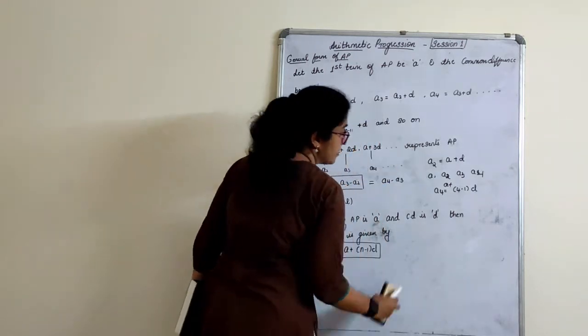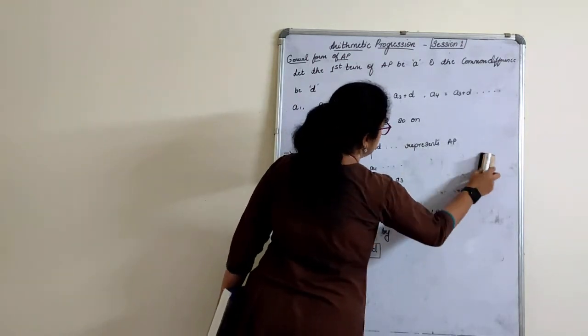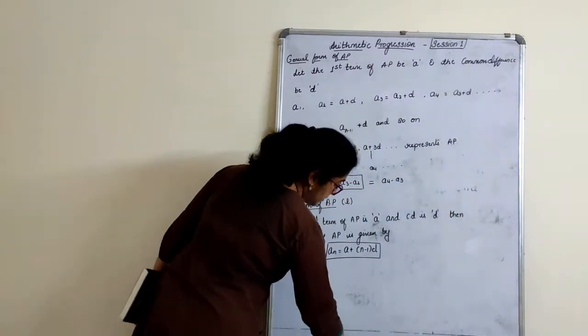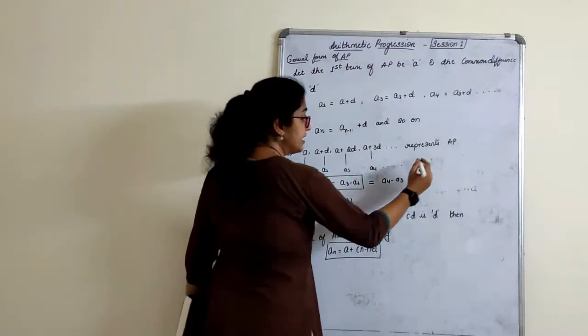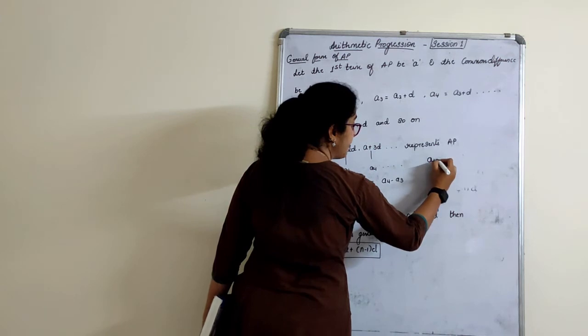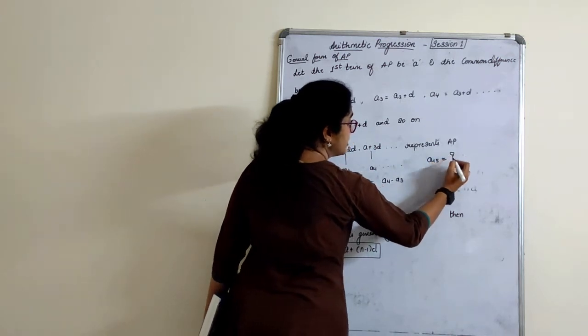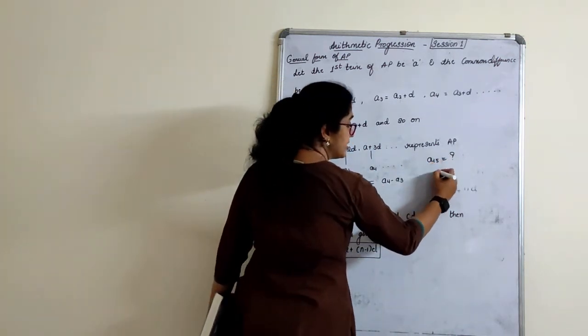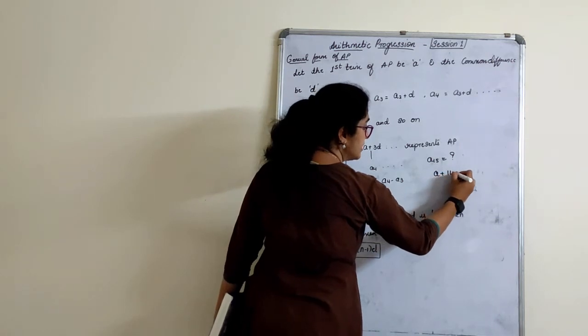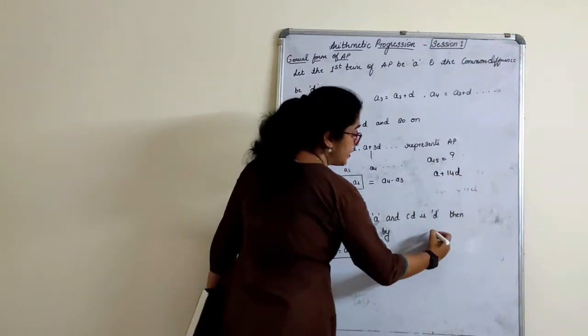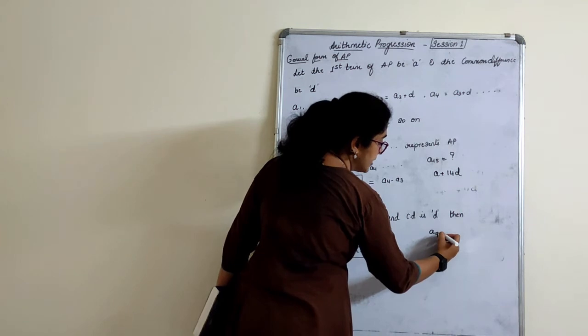We frequently apply this formula. Now, suppose I ask you, a given arithmetic progression is there. Find the 15th term, a15. How do you write a15? a15 can be written as a plus 14d. I ask you to find the 99th term, a99.